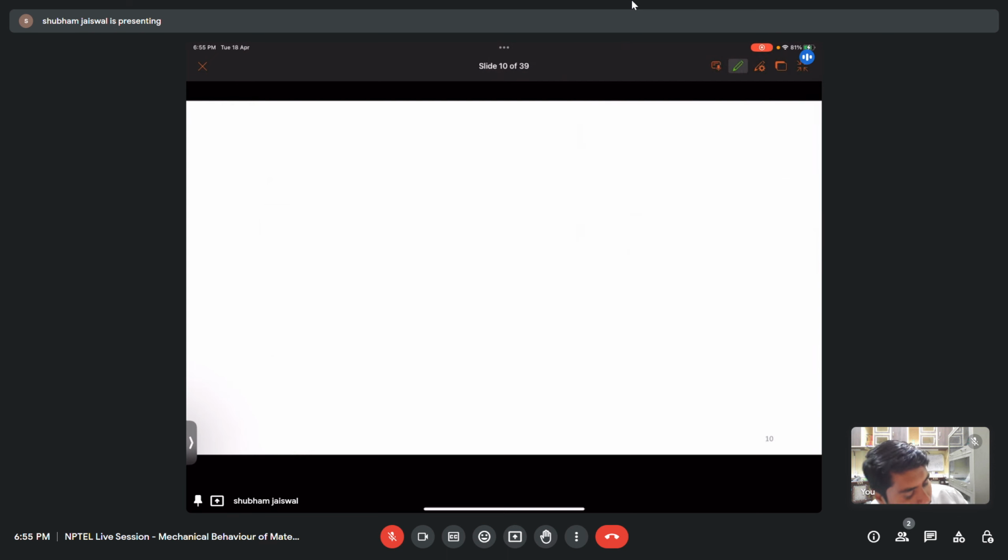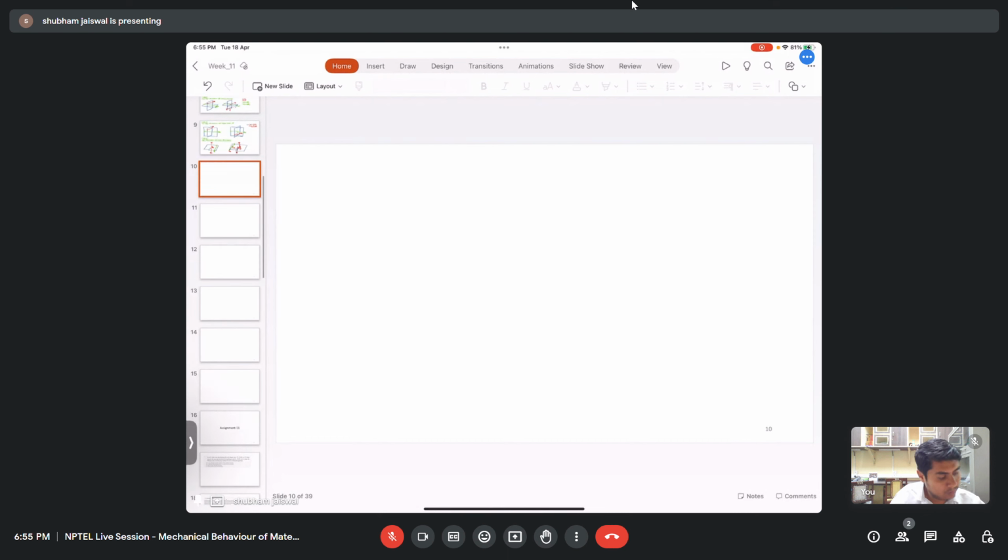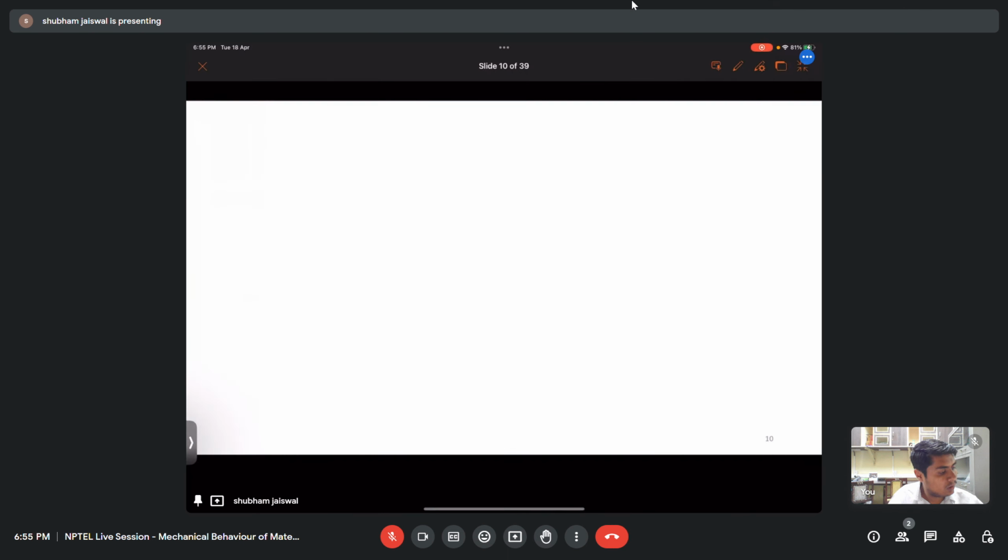Next, the fourth case that we have seen was when two screw dislocations interact with each other. So, two screw dislocations. Let me draw the plane for you.